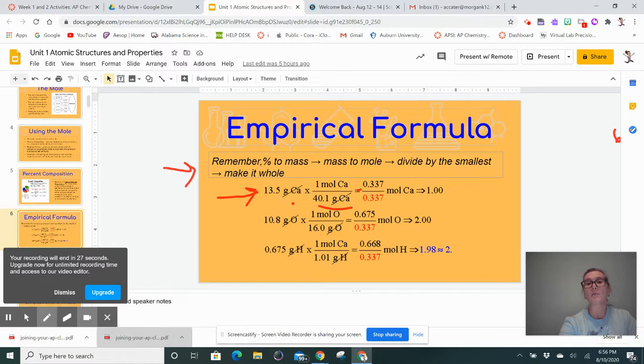And so that gives me 3.37 moles of calcium. I do the same for my oxygen: 10.8 grams of oxygen, there's my mass to moles for oxygen, which gives me 6.75 moles of oxygen. And then hydrogen, do the same thing, gives me 0.668 moles of hydrogen. I take all three of those mole numbers and I divide them by the smallest number of moles, which is 0.33.